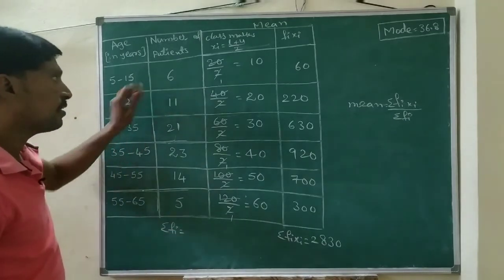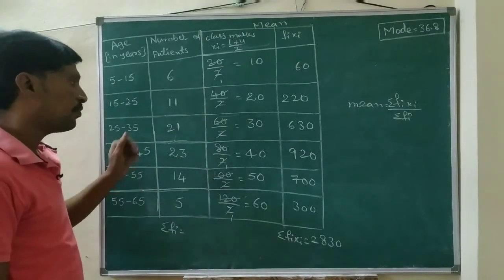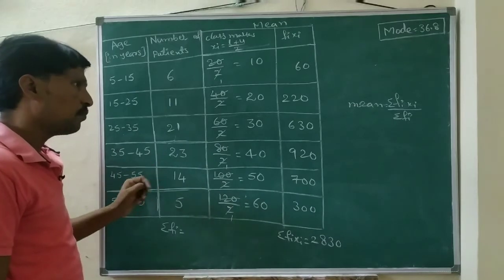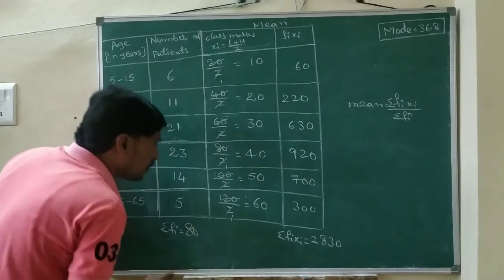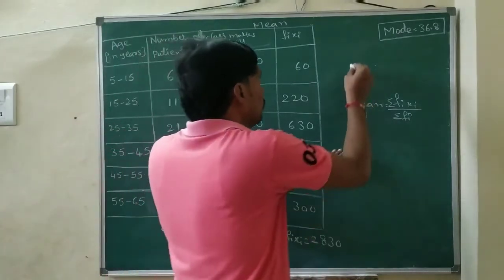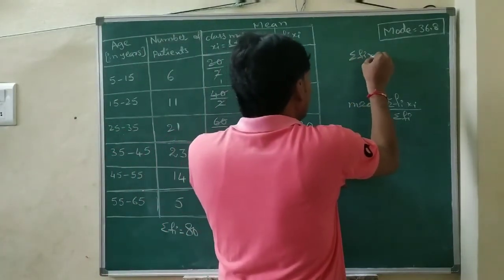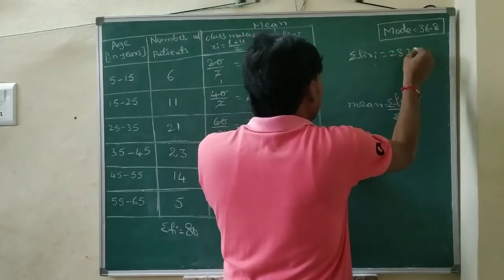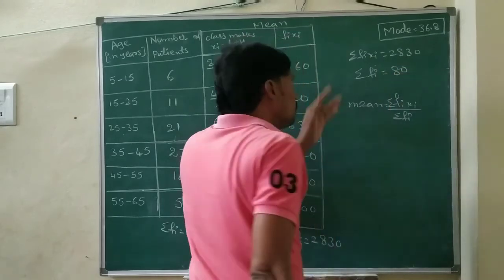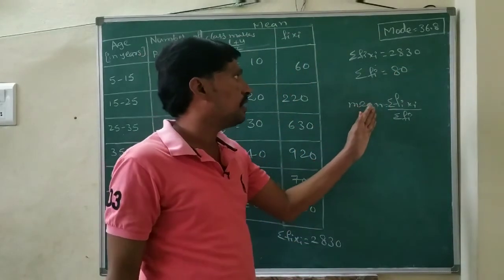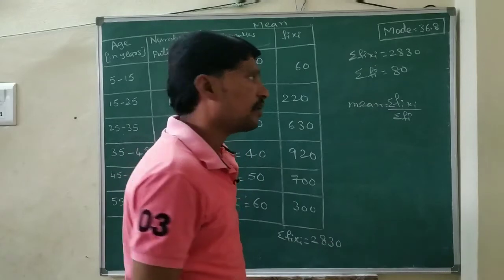Sigma fi equals 6 plus 11 plus 21 plus 23 plus 14 plus 5, which is 80. So sigma fi xi equals 2830 and sigma fi equals 80. These two values we need to substitute in the formula to get the mean.